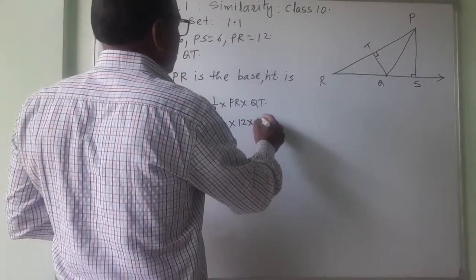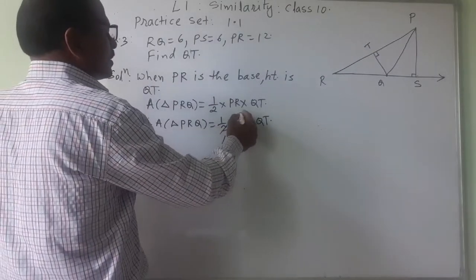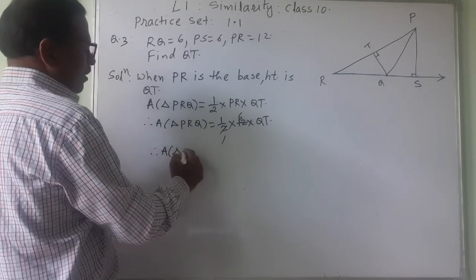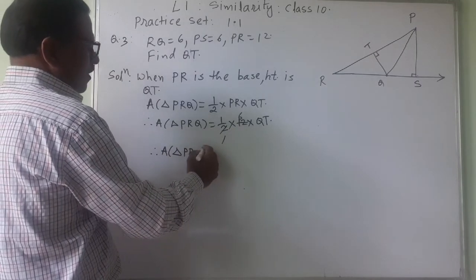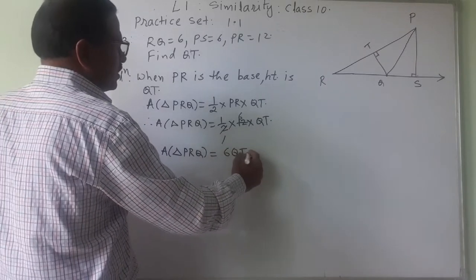QT is not known, that we have to find. 2 ones are 6. Therefore, area of triangle PRQ is equal to 6 QT. This is our number 1.